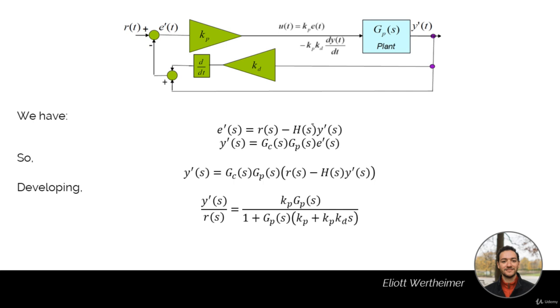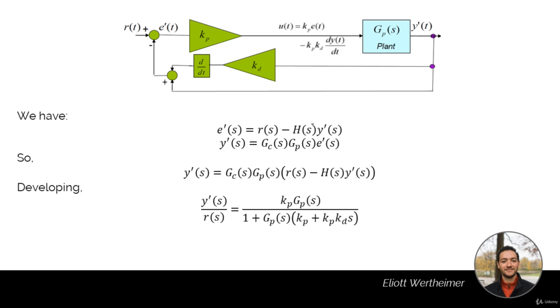Let's have a look at the structure of our system. So we have the error signal e(s), and it is equal to R(s), the input signal, minus H(s), the transfer function for the feedback, multiplied by the output y(s). But we also know that y(s), the output, is equal to the controller transfer function multiplied by the plant transfer function multiplied by the error. So Gc(s) times Gp(s) times e(s).